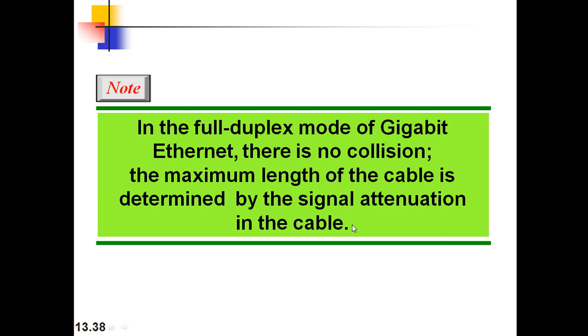Suppose when it comes to half duplex mode, we can also use this gigabit Ethernet in a half duplex mode. In that case, we are using some passive component like hubs here. In that case, most of the time we are facing or receiving some sort of collisions over these devices.